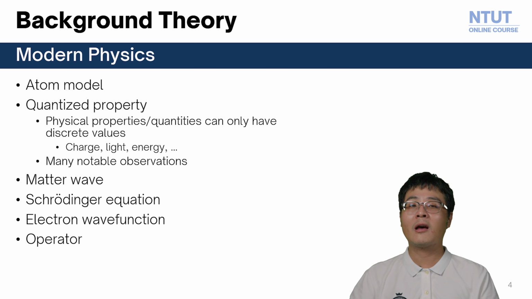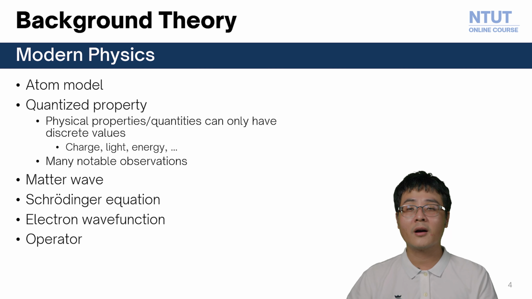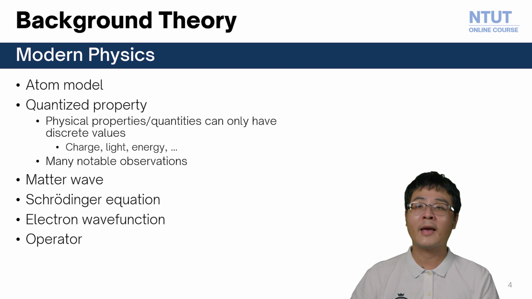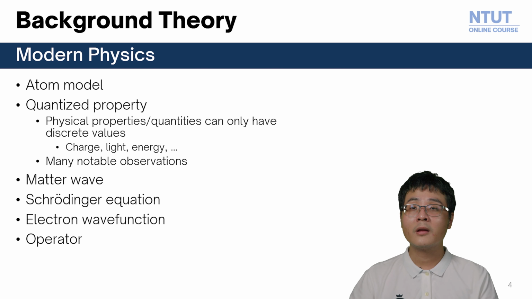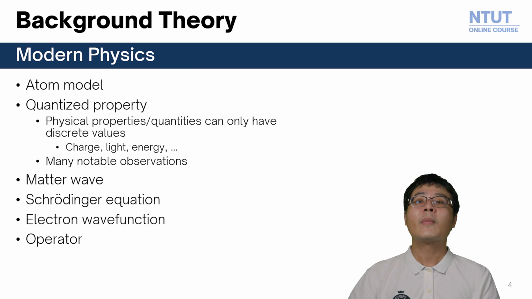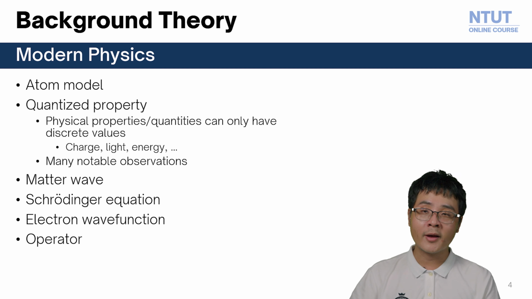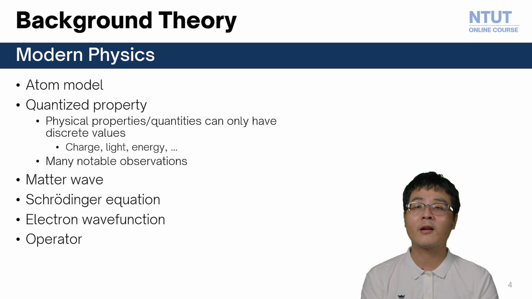And we will introduce some notable observations, such as emission spectrum and other kinds of experimental results that are quantized. And then the matter wave, the Schrödinger equation, electron wave function, and the operator, which is a mathematical tool in dealing with topics related to modern physics.